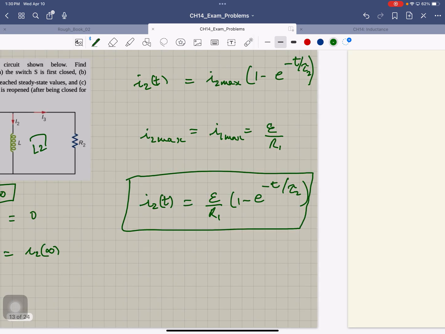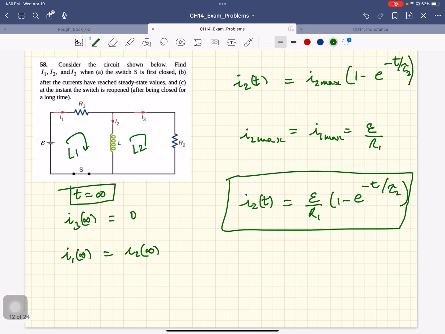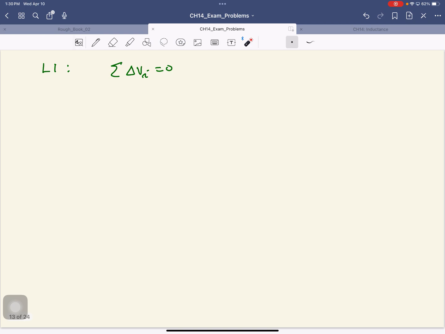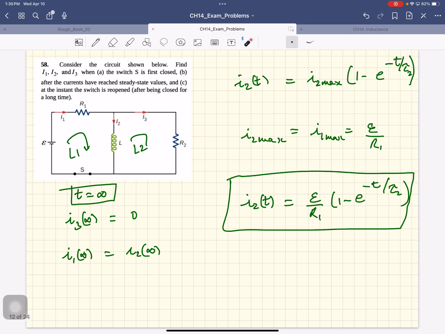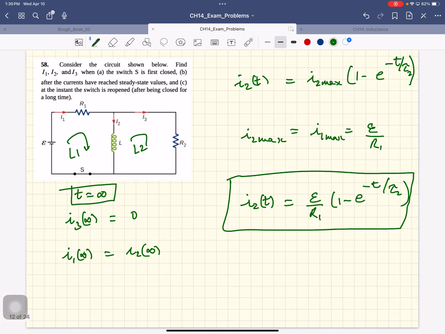So loop 1, we are applying Kirchhoff's loop rule: the sum of voltages should add up to 0. We'll start here. This is plus E, minus I1(t) R1, and the current is I2(t).